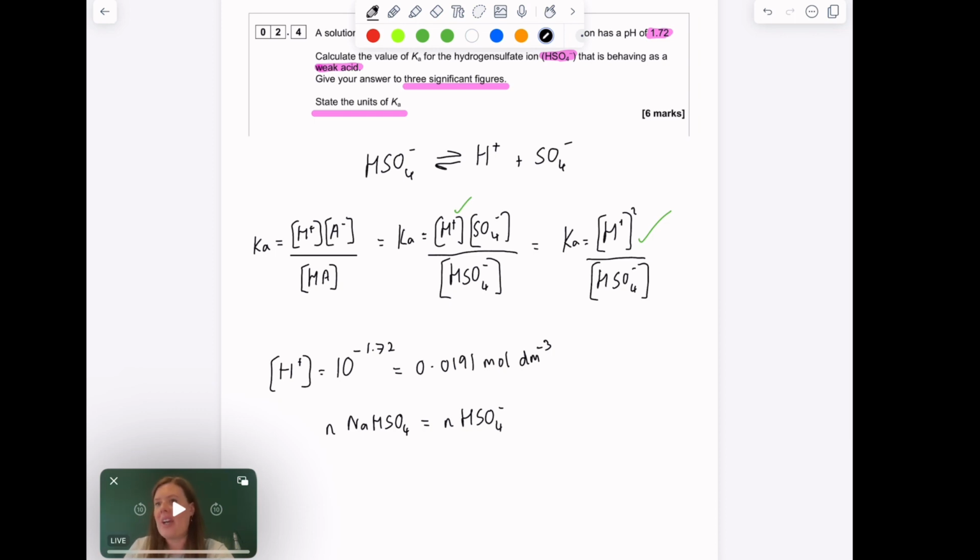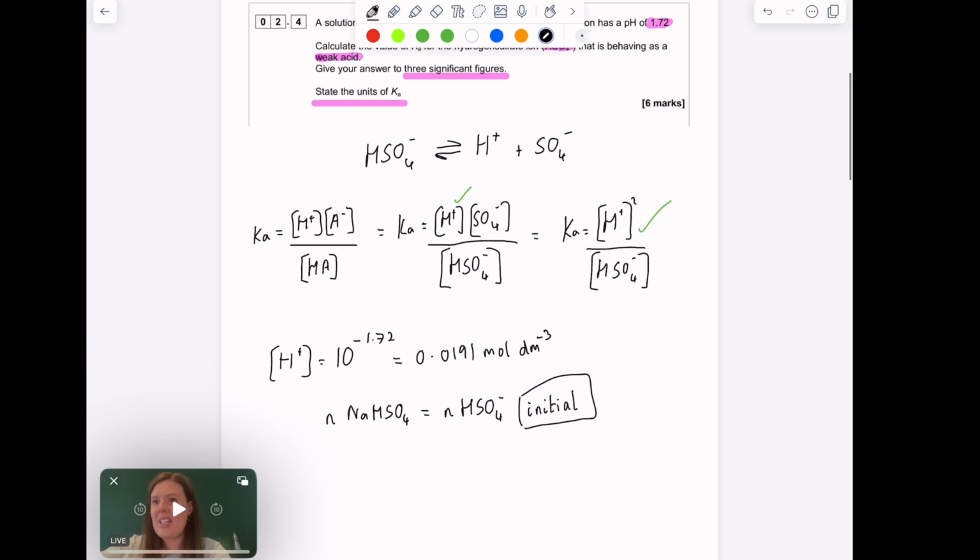So I can work that out, and then I've got a way of trying to get to the concentration of our hydrogen sulfate ion. Now it's worth pointing out here that this is just at the initial. We're going to have to take into consideration in a moment what that value is going to be when the solution's reached equilibrium.